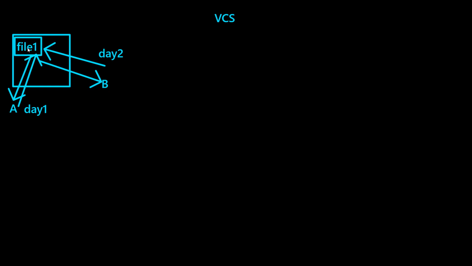If this file is modified by both of them at the same time and this is how they applied their changes, this file 1 is going to have which person's changes by the end? Person B, right?